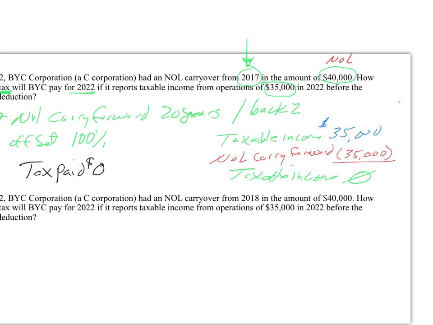The question asks us for tax paid, which is also $0. But what the question doesn't ask us is, what is our NOL carry forward for 2023? So I'm running out of colors, so I'll stick with black. So I'm going to carve out a little space here.